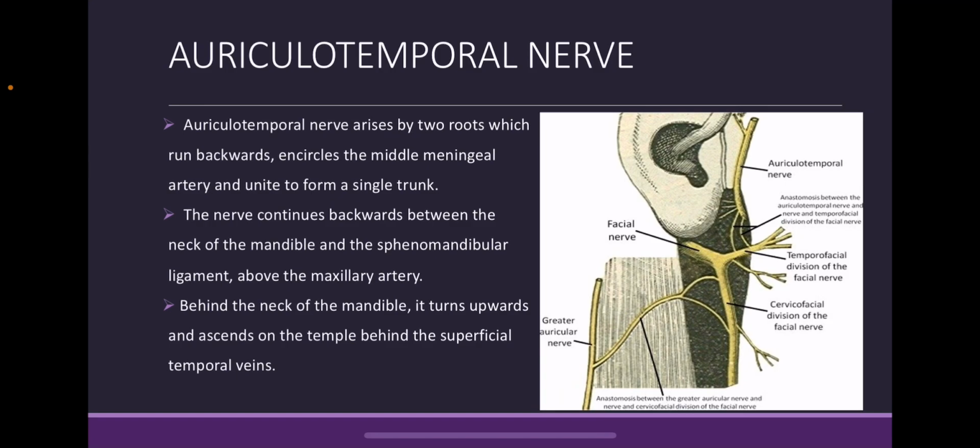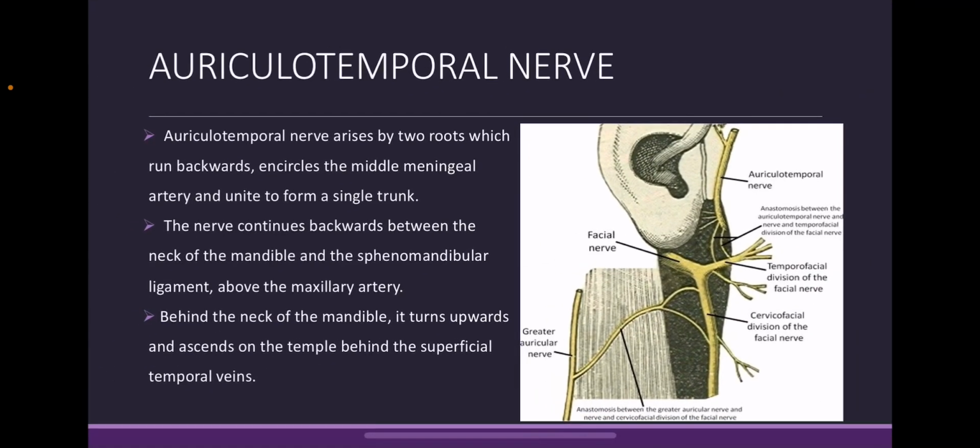The nerve continues backward between the neck of the mandible and the sphenomandibular ligament, above the maxillary artery. Behind the neck of the mandible, it turns upward and ascends on the temple behind the superficial temporal vein.